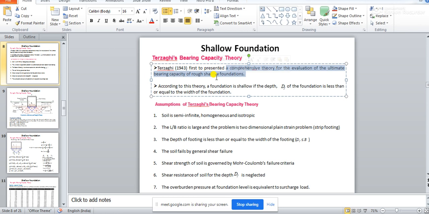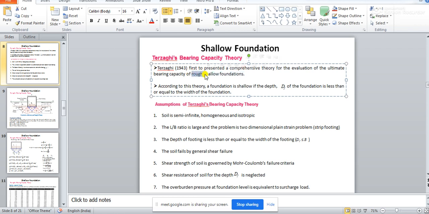So, you see what is being given by Terzaghi. Terzaghi has given the theory for finding out the ultimate bearing capacity, right? And the second point you should see, he has given the theory for shallow foundation, and the rough shallow foundation.